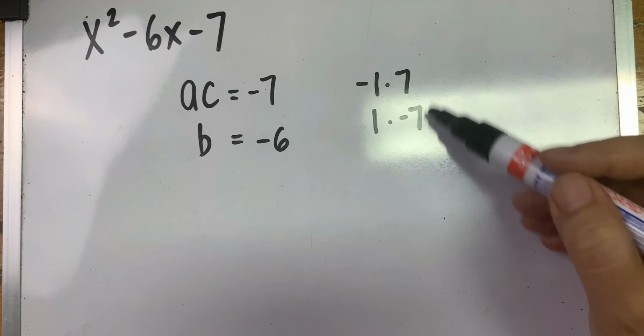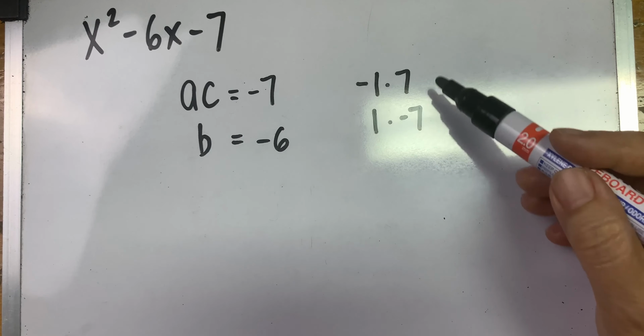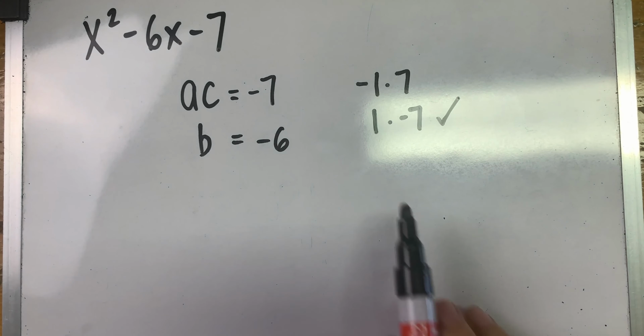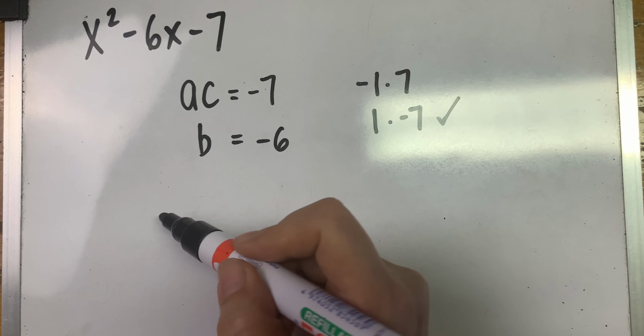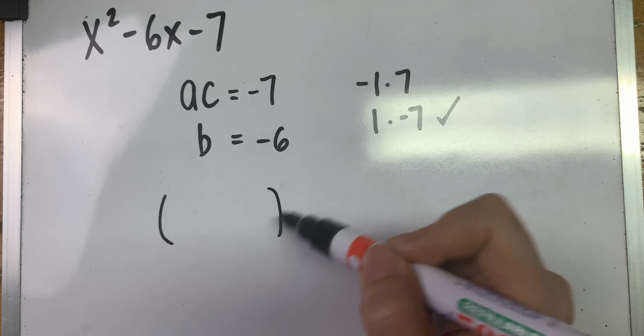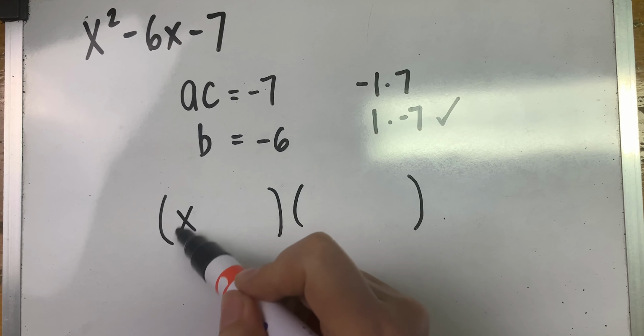Now, alin dito sa mga numbers na to na pag in-add natin will give us a negative 6? Ito yun. So, ito yung gagamitin natin as part ng factor. Okay, so again, ang factors ng x squared is x and x. And then we'll just add lang natin to positive 1 and negative 7.